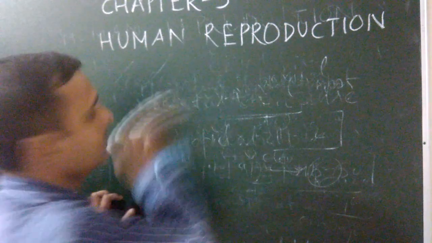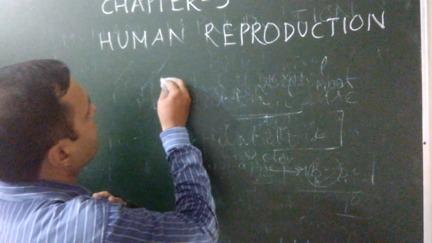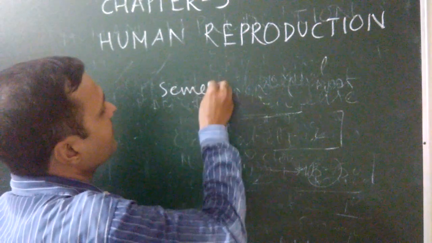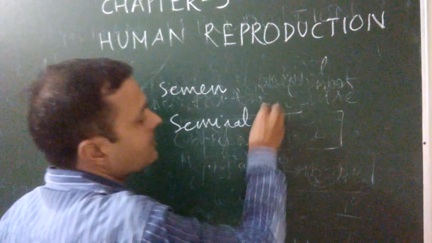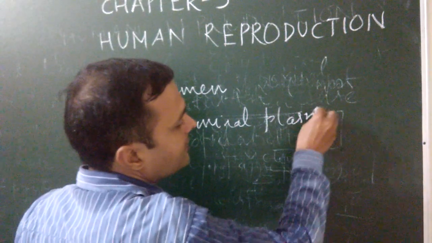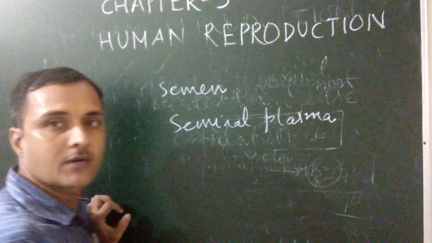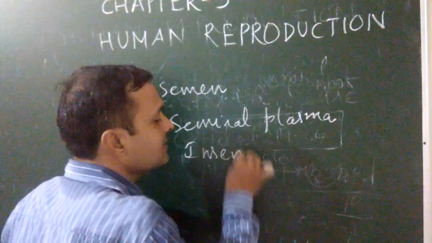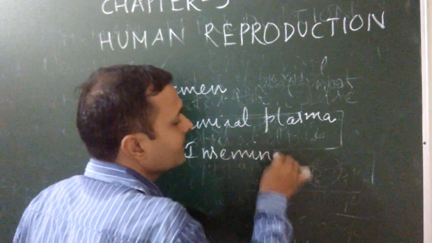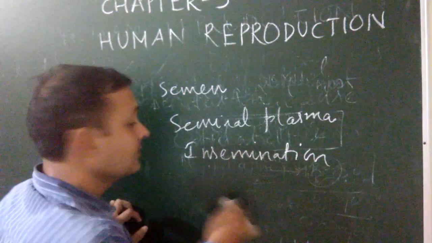Next topic is, what do you mean by the term semen? Next is seminal plasma. Semen and seminal plasma. And insemination. What is insemination? Next is the fourth one.